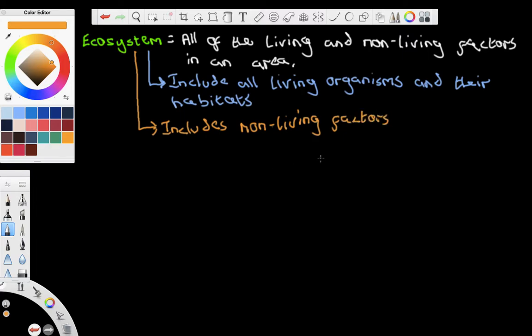like water levels, or carbon dioxide levels. That says of, not all. Or carbon dioxide levels.